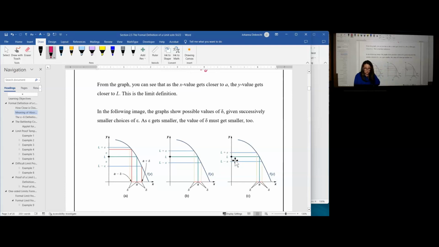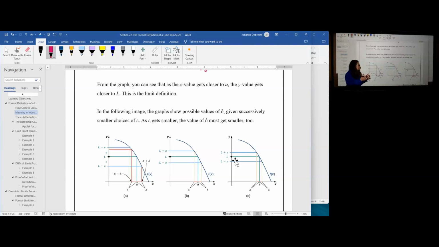As the x values get closer and closer to A, the y values get closer to L. If you look at the graph down here, in each picture, they've taken delta and shrunk it. So they've made it smaller in each case. Here, delta is about this wide. And then they took about 2/3 of it. And then they took about 1/3 of the original delta size.